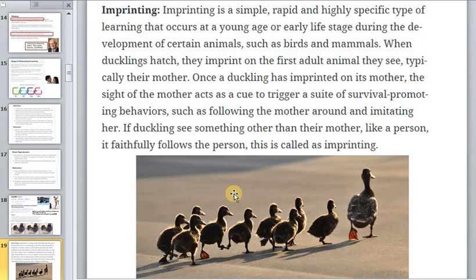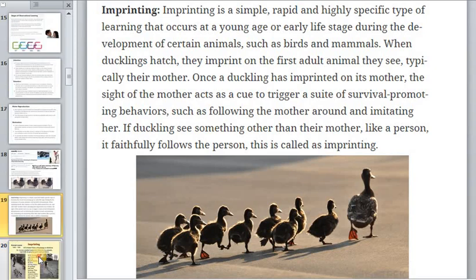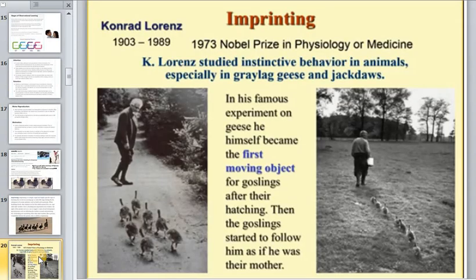You know this example, but not only dogs, of course. You know this Konrad Lorenz theory: goslings first see moving objects after their hatching, and then the geese start to follow him as if he was their mother.